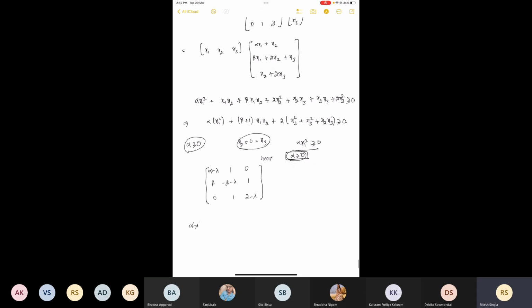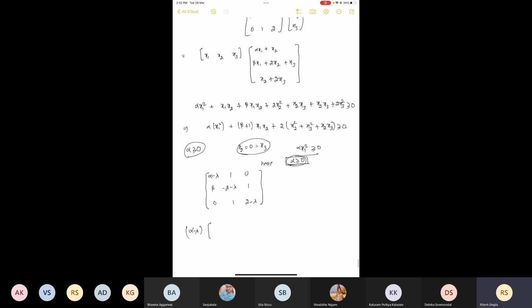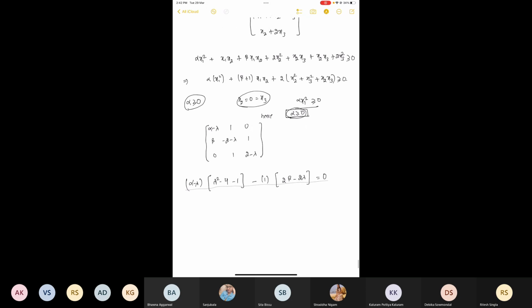So it is alpha minus lambda times the bracket, minus 1 times 2 times beta minus 2 times lambda.